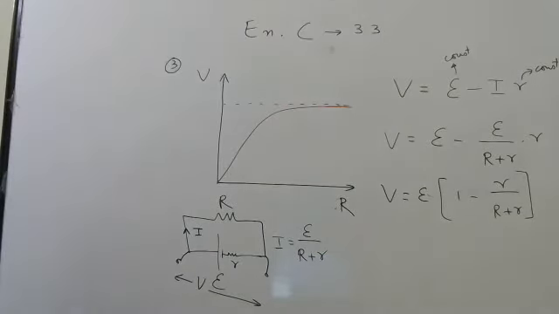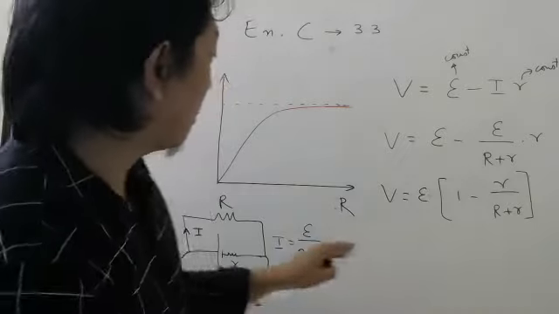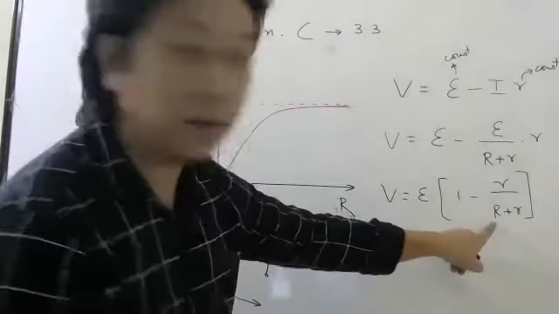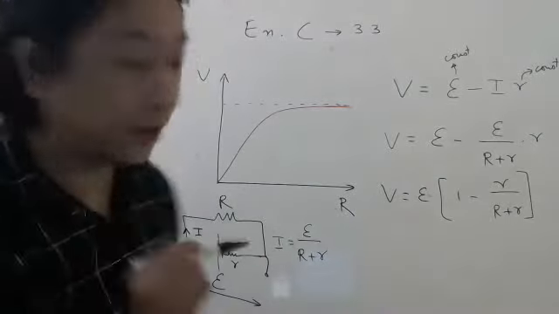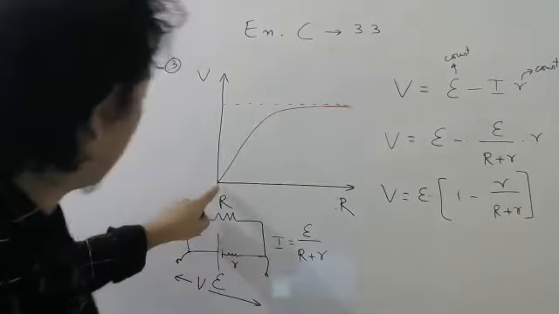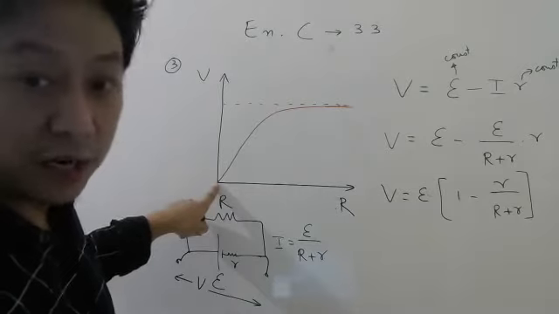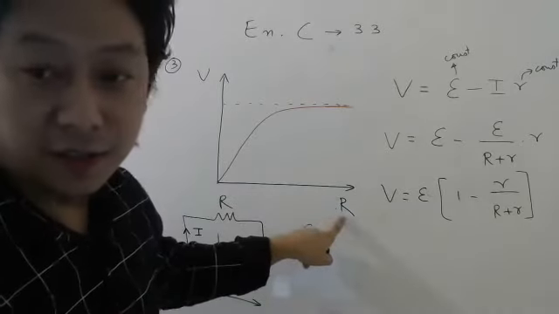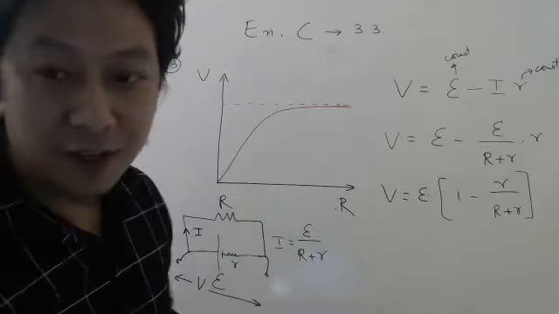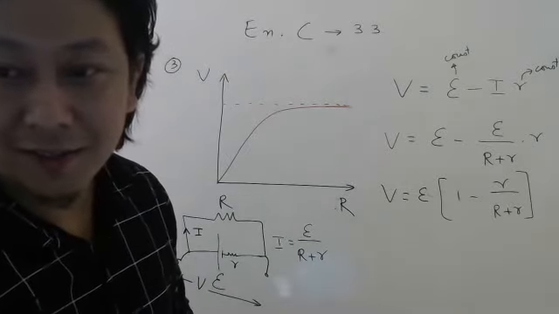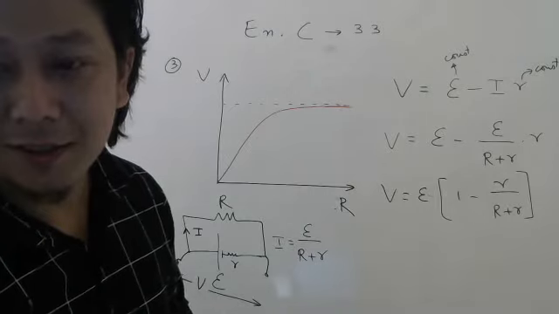Now let us check what happens to this V for different values of R to get the idea of the graph. So let us say you are at the origin. At origin, what should be the x coordinate? Quickly. 0.